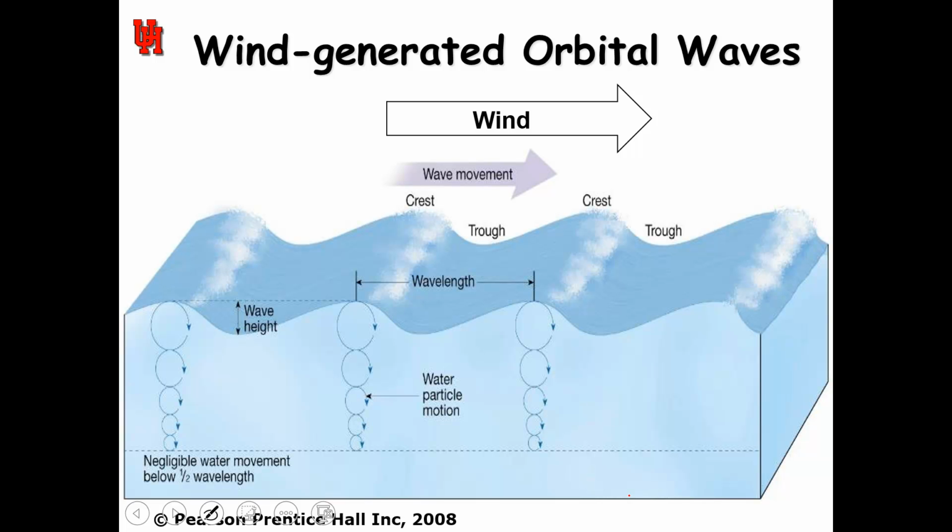And you can think of it somewhat as a sinusoidal wave, but it's a little different because actually the wave motion is orbital, and that's why these waves are referred to as orbital waves or orbital ocean waves. And the maximum amount of energy is right here at the surface, and it decreases with depth.